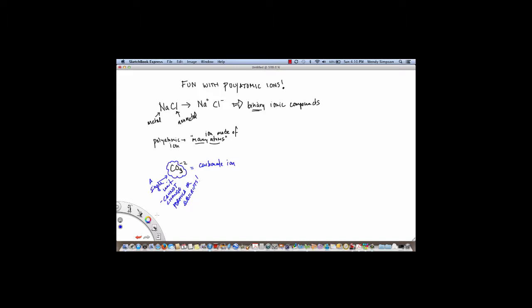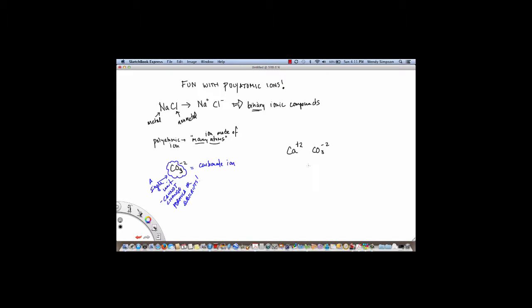How do we make an ionic compound with a polyatomic ion? The rules are the same as making an ionic compound with a cation and anion. Let's suppose we want to combine calcium, which has a +2 charge, with our carbonate polyatomic ion.